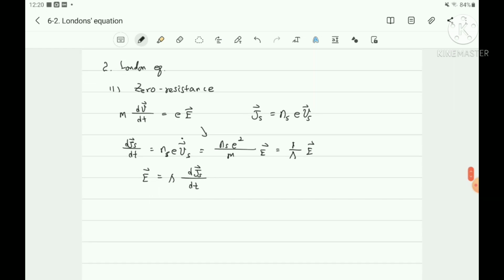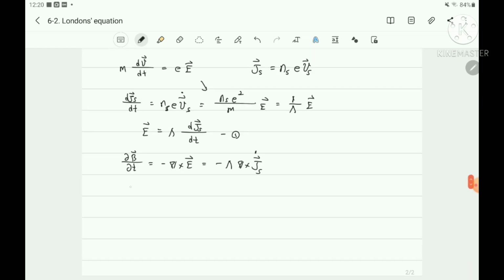From the Maxwell equation, partial B partial t is minus curl E. From this equation, it is minus lambda curl Js dot. Therefore we can write that the H field, H dot, is minus mu 0 lambda curl Js dot.